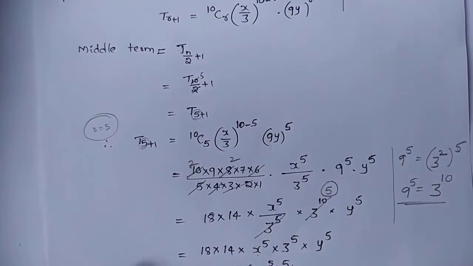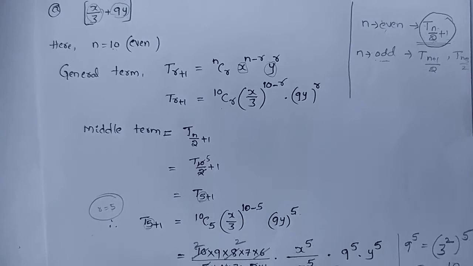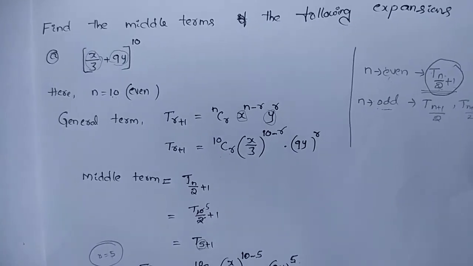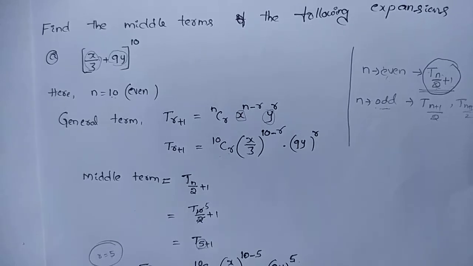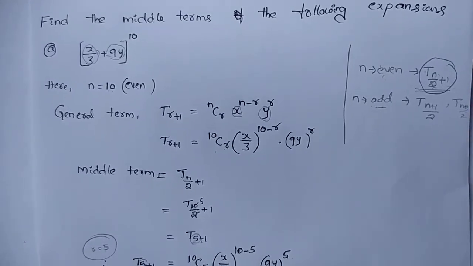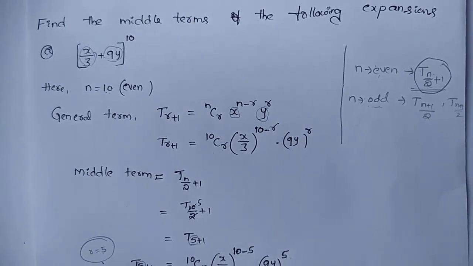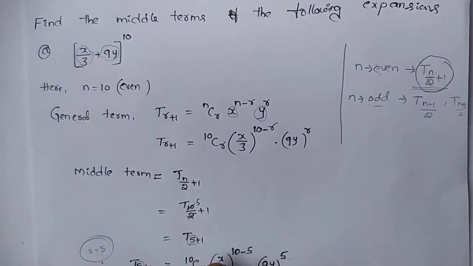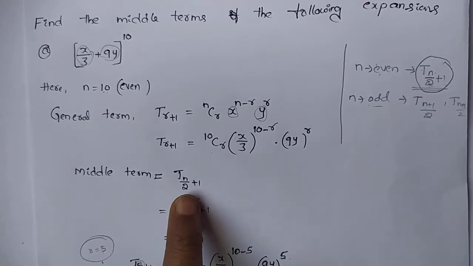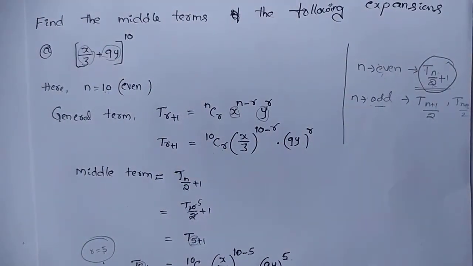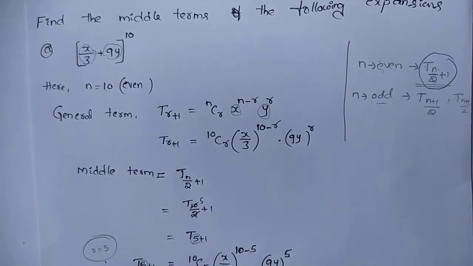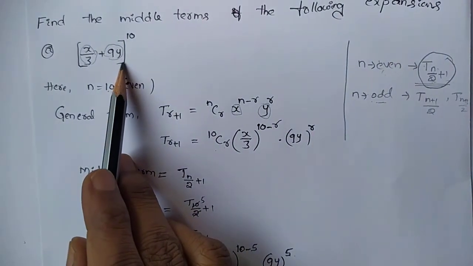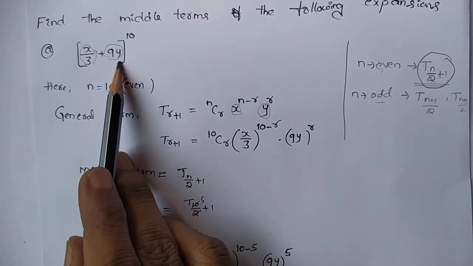Okay, now I will just scroll down this sheet. Step by step, you just note it down in your notebook. Kindly do not make any kind of mistakes while writing these kinds of things, T r plus 1, T n by 2 plus 1, write them in a proper way. It is the given question.